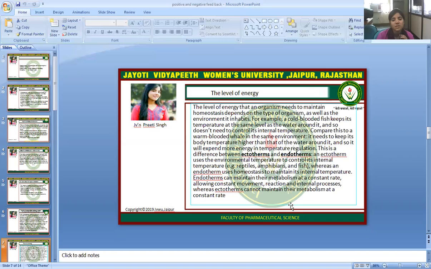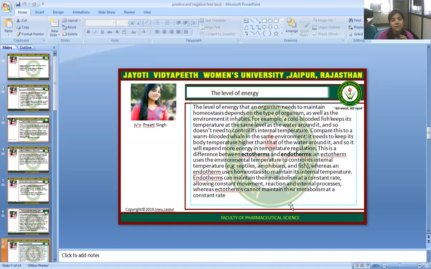Compare this to a warm-blooded whale in the same environment. It needs to keep the body temperature higher than the water around it, so it will expend more energy in temperature regulation.